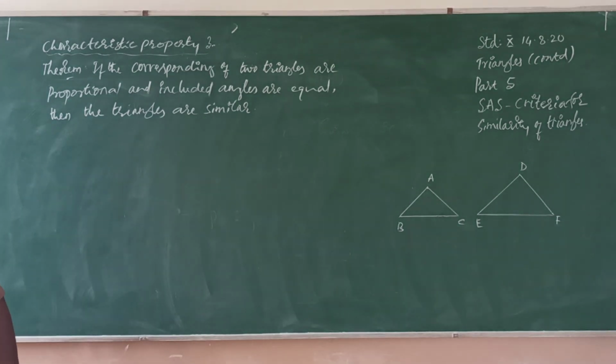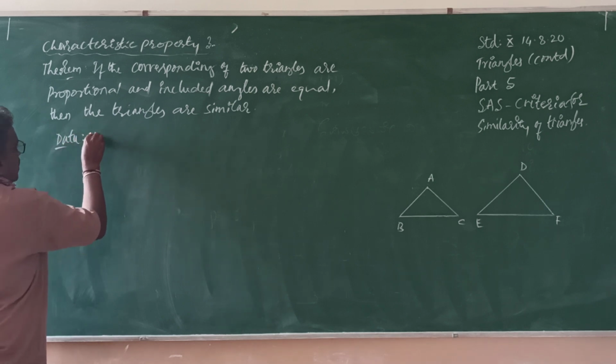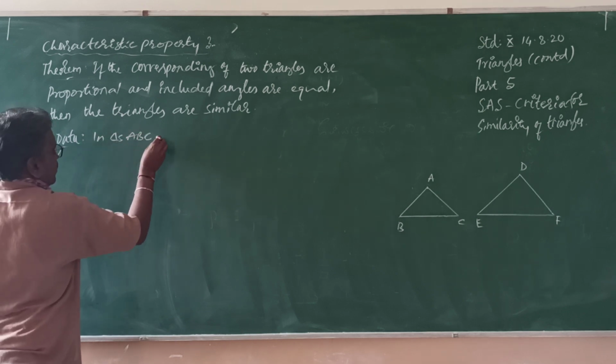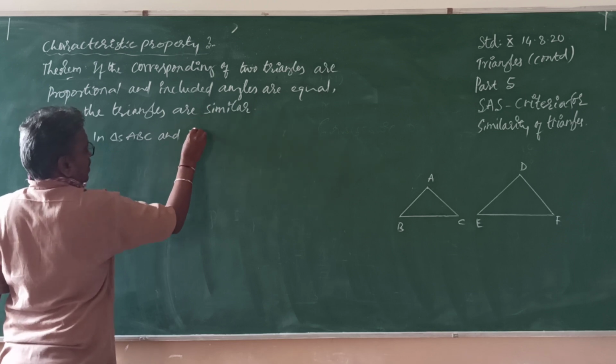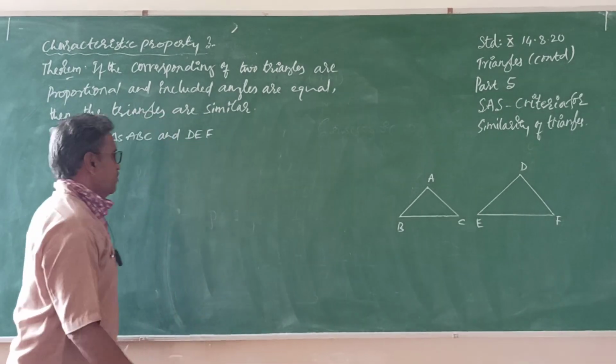So the data given in triangles ABC and DEF: what is given?